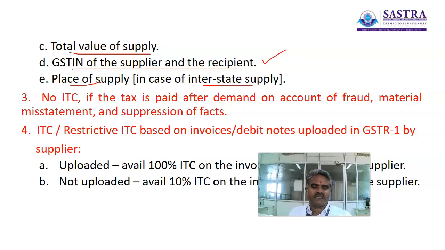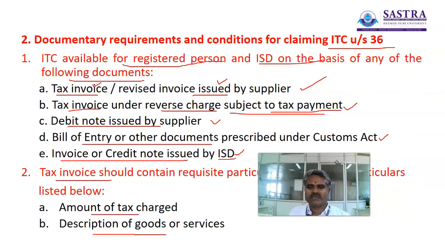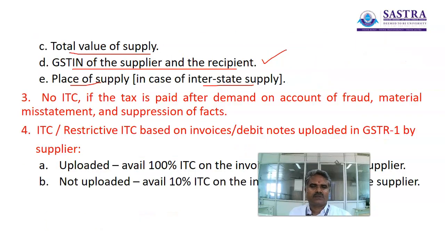So all the information is required to claim ITC: amount of tax charged, description of goods or services, total value of supply, GSTIN of the supplier and the recipient, and place of supply in case of interstate supply.